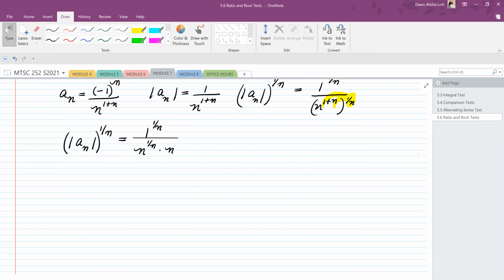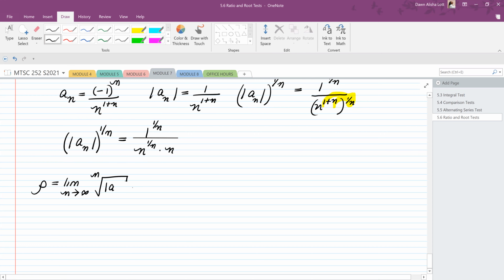So rho is the limit as n approaches infinity of the nth root of the absolute value of a_n. That's the same as the limit as n approaches infinity of the absolute value of a_n to the 1 over n power.